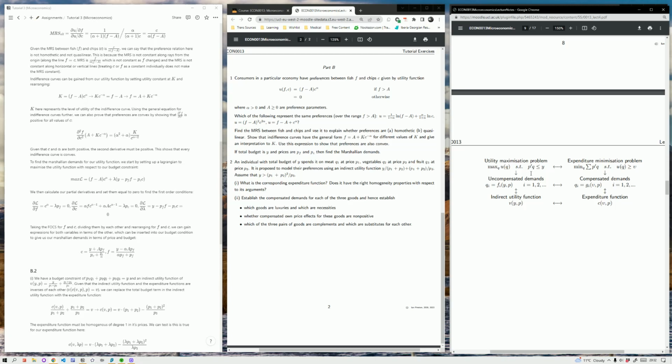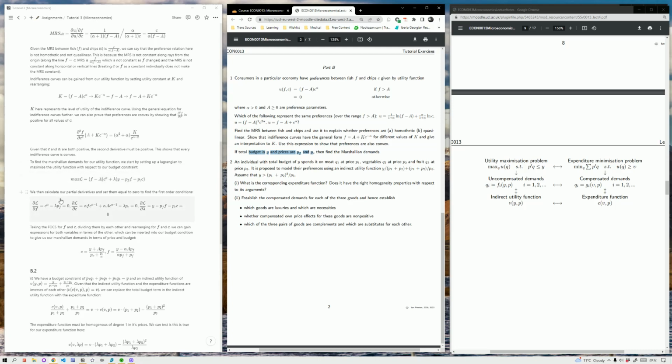In order to get Marshallian demands, which are also known as uncompensated demands, we need to think about the utility maximization problem. What we need to do is maximize utility relative to the budget constraint, and so we can set up a Lagrangian like that. We know our expression for utility, and we also now know our expression for budget, which we're going to put a lambda in front of and throw in there.